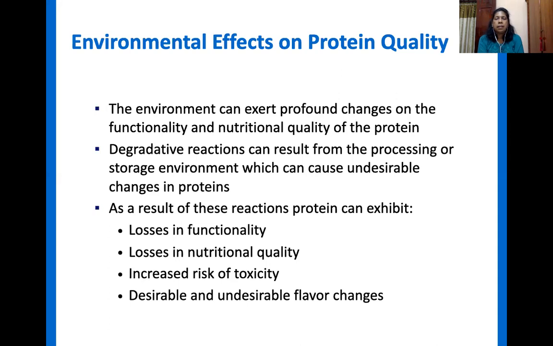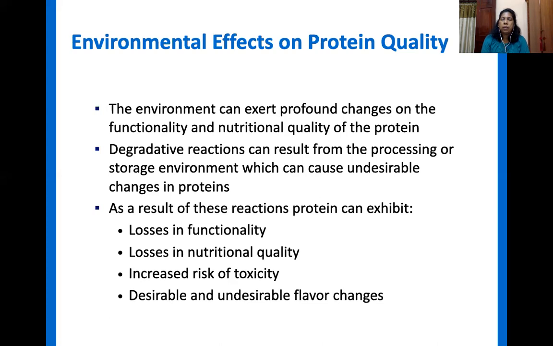Those are the functionalities, along with hydrophobicity. Then solubility can be changed, coagulation effect can be changed, hydrophobicity effect can be changed. So those are the functionality, right?